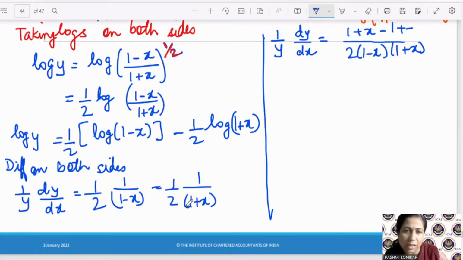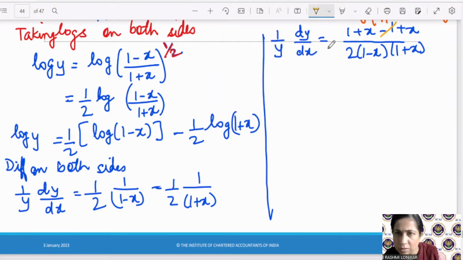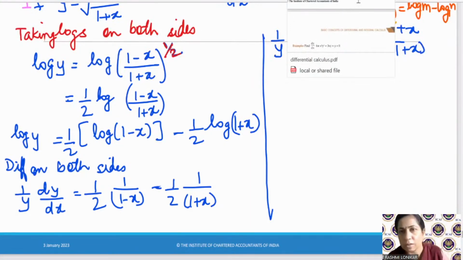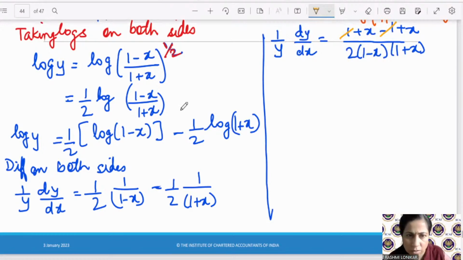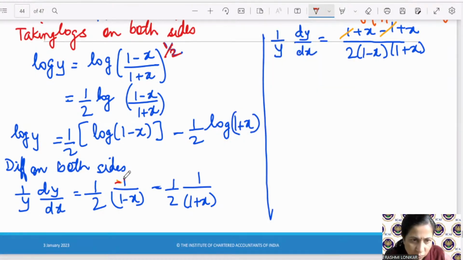Take the LCM, cross multiply. What will cancel? Plus 1 and minus 1 will get cancelled. You will have 2x. Okay, yes. This is 1 upon (1 minus x), and the derivative of minus x is minus 1.